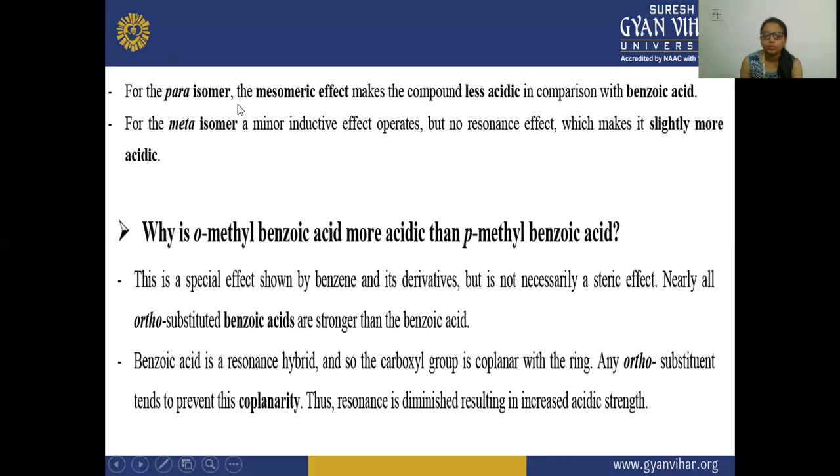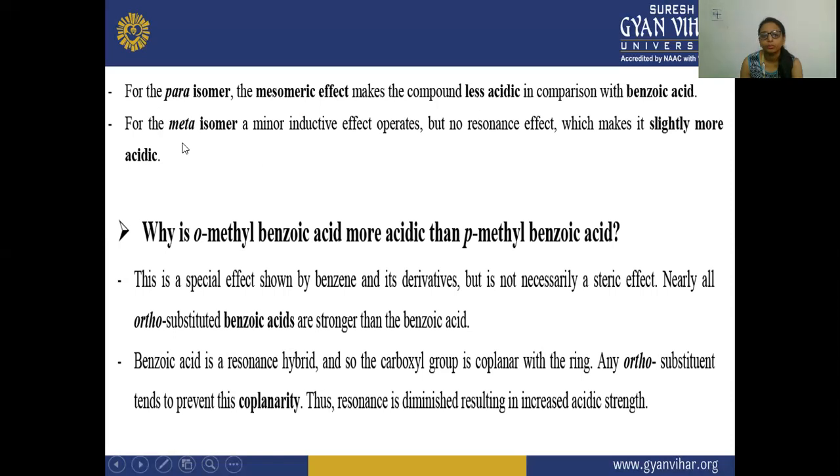So in para-hydroxybenzoic acid, the mesomeric effect makes the compound less acidic in comparison to benzoic acid.